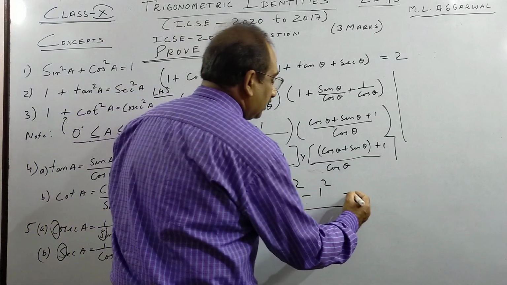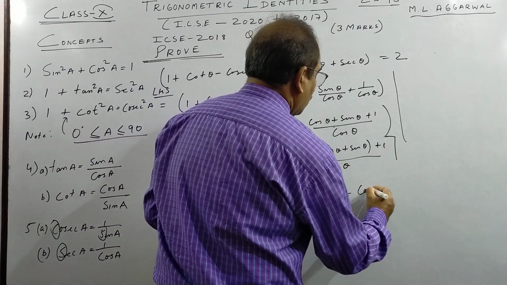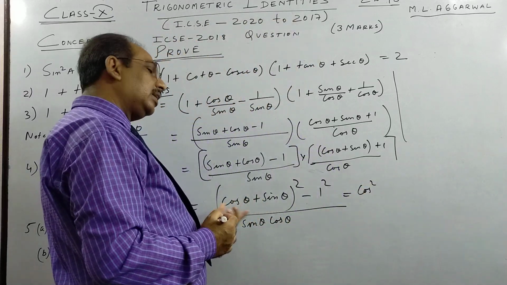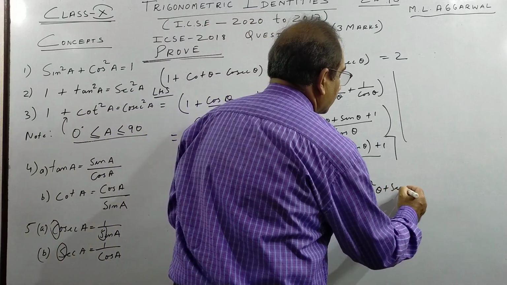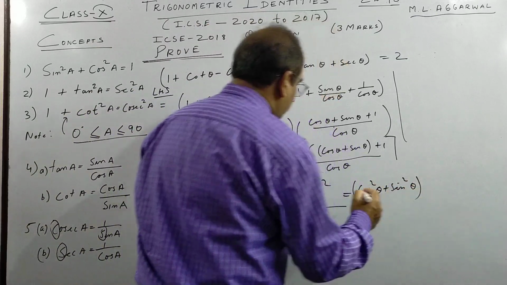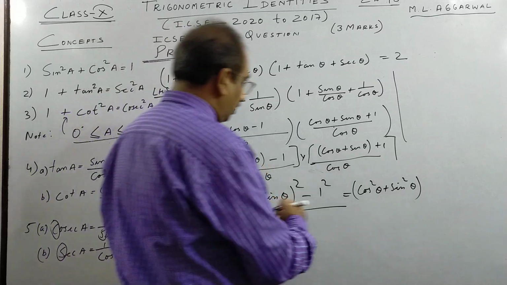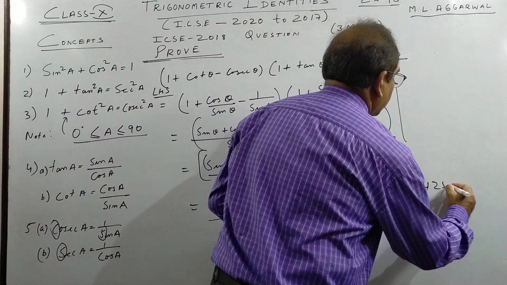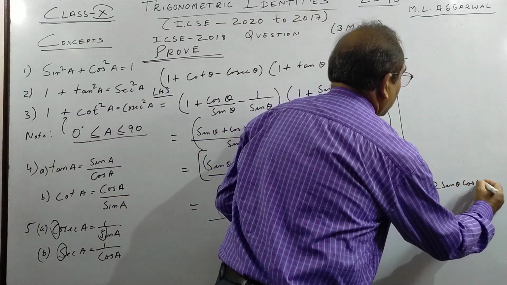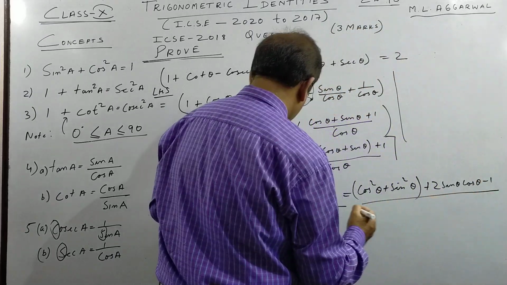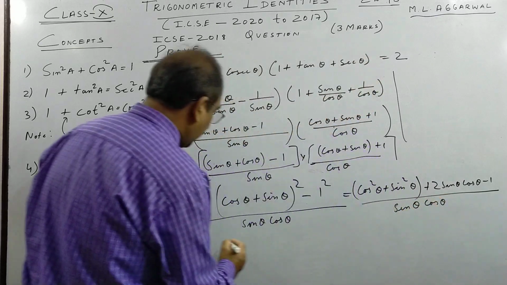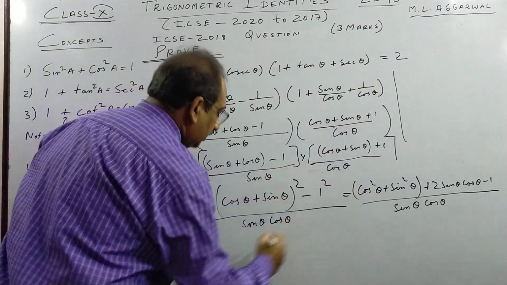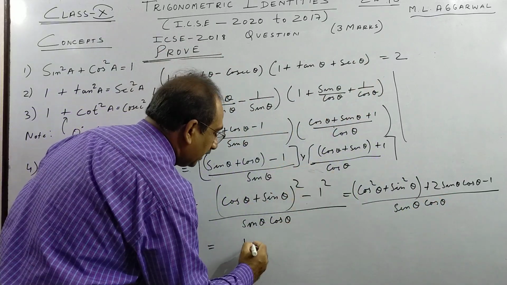But when I expand this, children, what do you get? This can be written as sine theta plus cos theta, or cos square theta plus sine square theta. This I am putting in bracket, children, because it is 1 plus 2ab, 2 sine theta cos theta minus 1 by sine theta cos theta. Next, see what happens. This becomes 1 and there is minus 1.